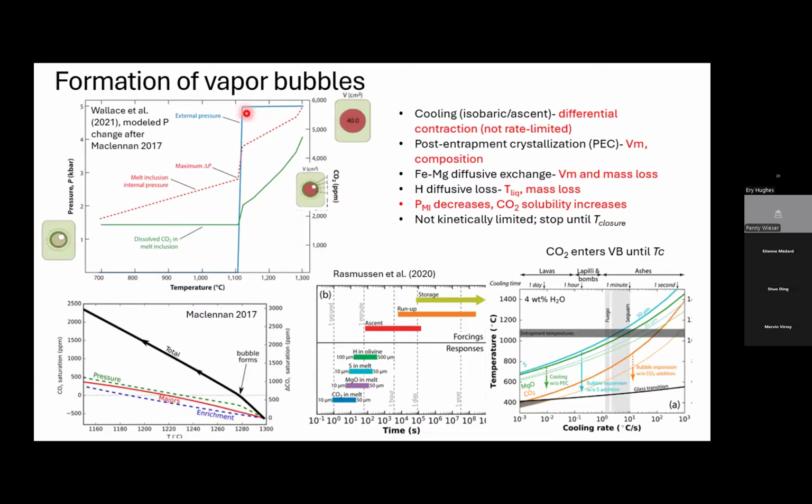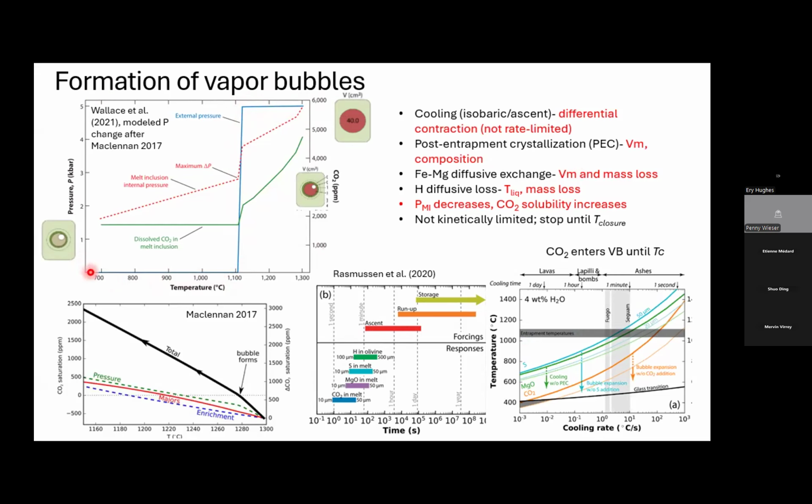Then during magma ascent and eruption, the melt inclusion is brought up to the surface. This is a very simplified scenario, an adiabatic ascent, and it could be more complicated than this. After eruption, the melt inclusion experiences quench.